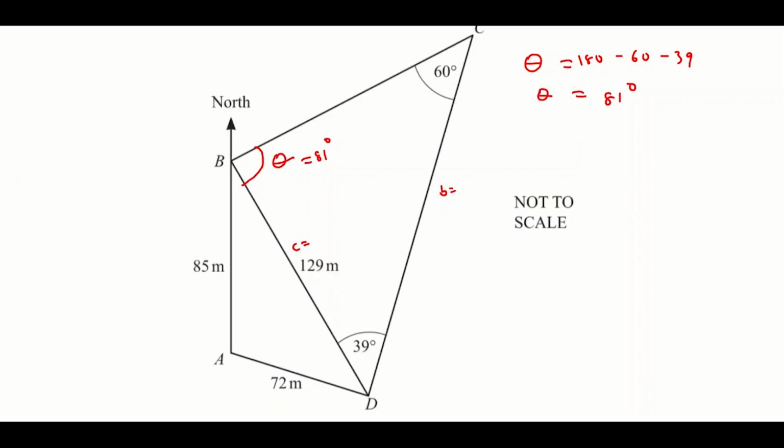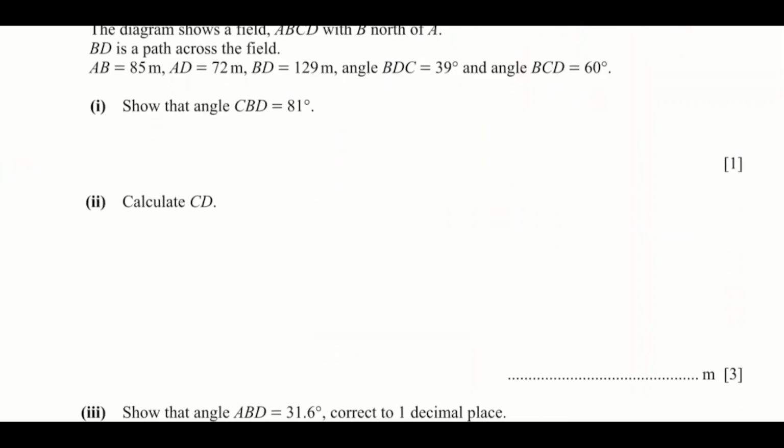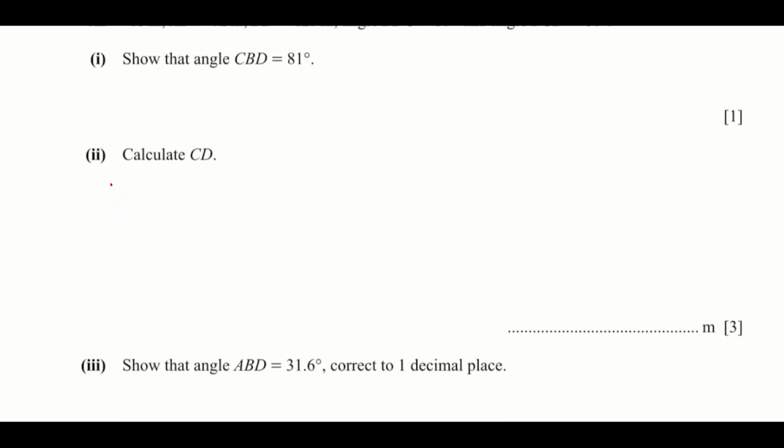No troubles. So I can just use that, so it will be B over sine B equals C over sine C. So here we have B over sine B equals C over sine C.